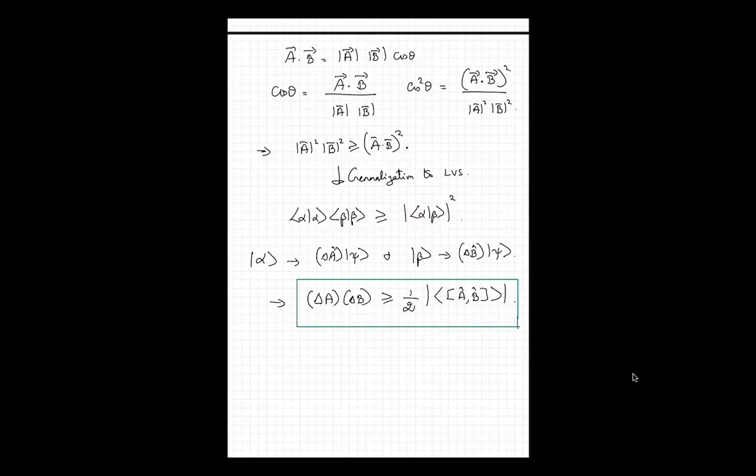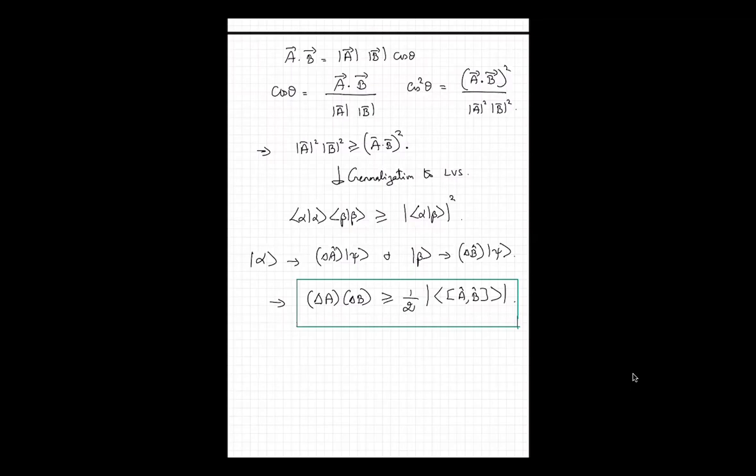Which means no matter how wonderful the experimentalist is and how carefully she fine-tunes her apparatus, there will always be some finite uncertainty upon her measurements imposed by nature that she cannot possibly circumvent. Okay, this is called the uncertainty principle. We'll talk more about this as we progress in this course.